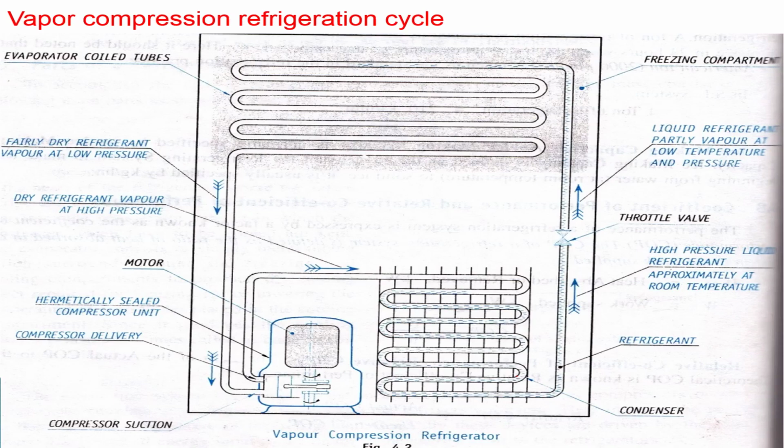Whenever the question asks you to explain the working of the vapor compression refrigeration system or cycle, you have to draw this diagram and explain how it works. First, draw the diagram neatly. Second, label all the parts correctly. Then explain how it works, the working principle.